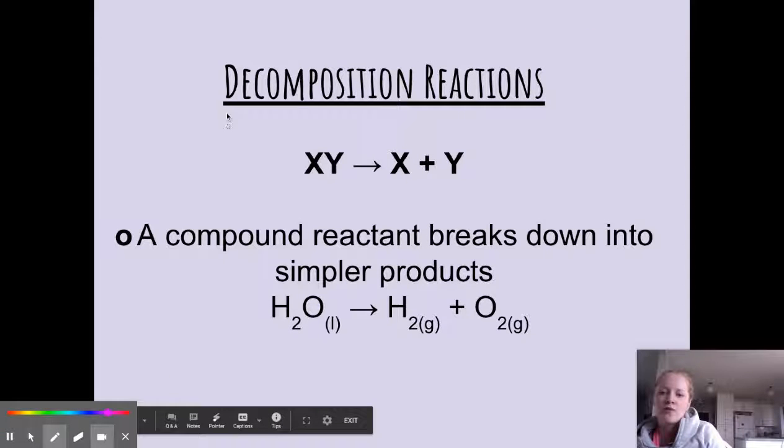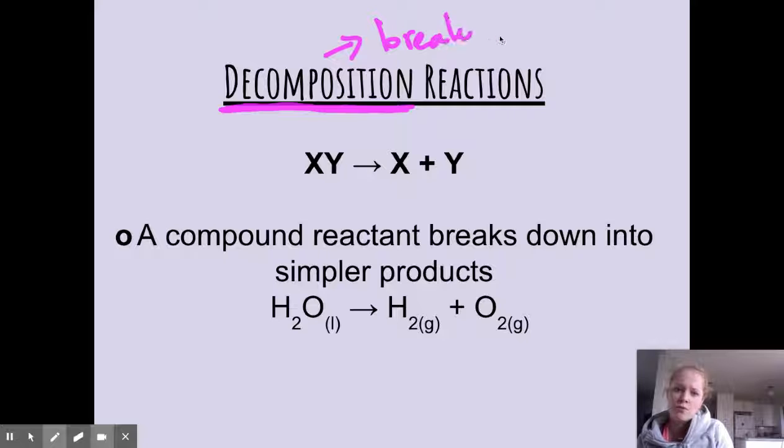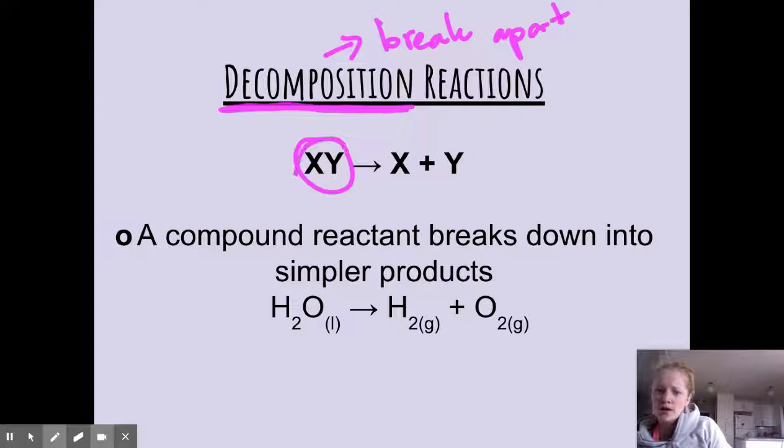Our next type of chemical reaction is a decomposition. To decompose means to, hopefully you should be able to tell me, break apart. So we're going to start with just one thing, and it is going to break apart into what it is made out of. We have one whole, just one guy completely on his own, and a chemical reaction happens, and then it's broken apart into its separate, simple things it's made out of.